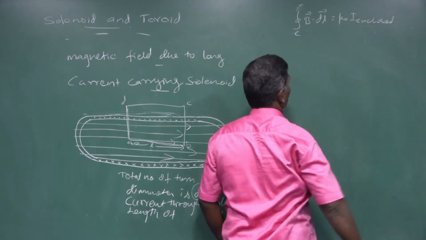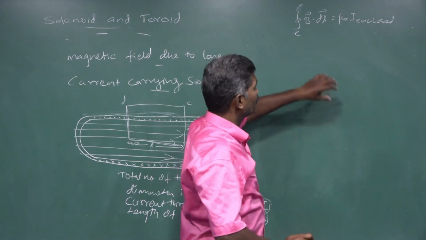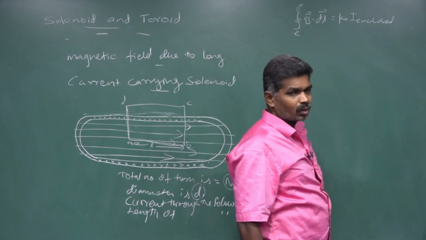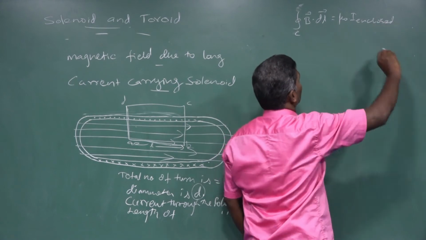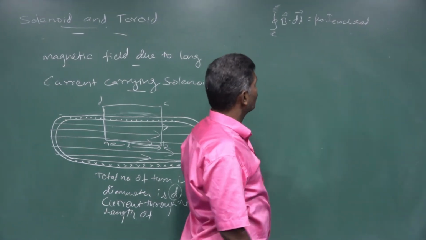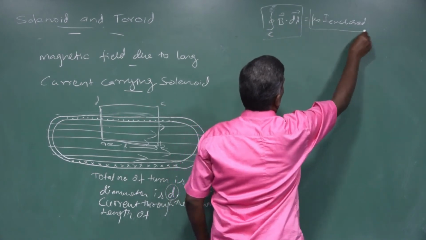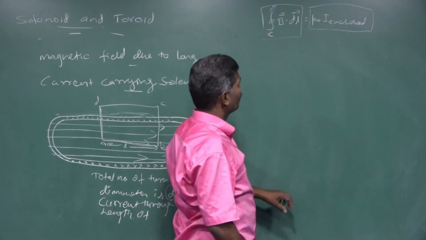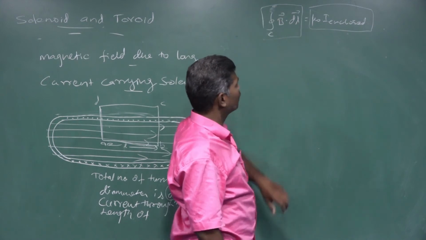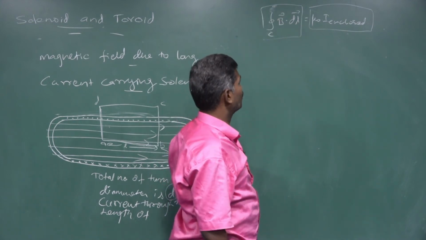The current enclosed inside the Amperean loop is called I enclosed, the total current in that loop. This is the left side of our equation, and this is the right side. Now we are going to calculate the left side.